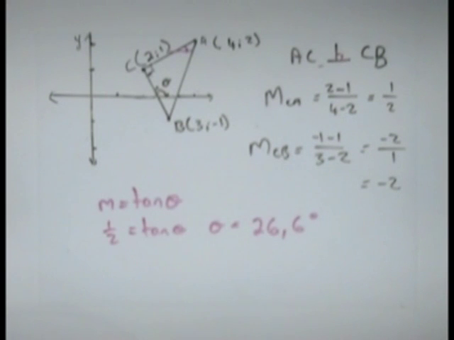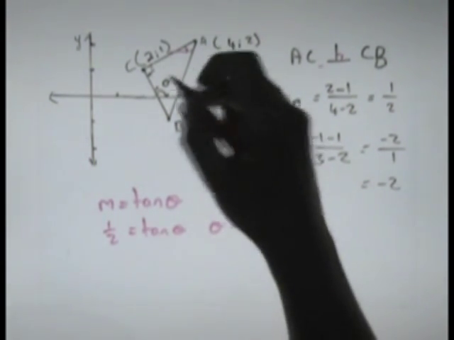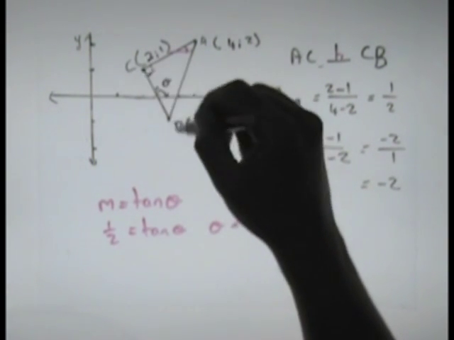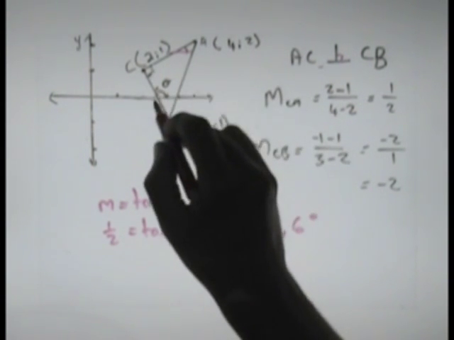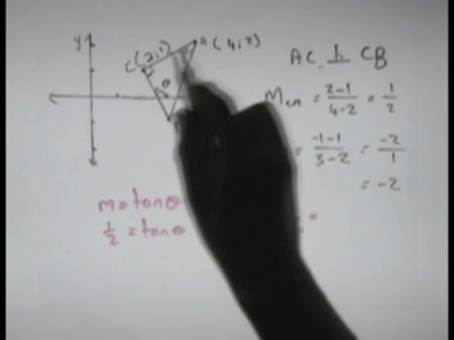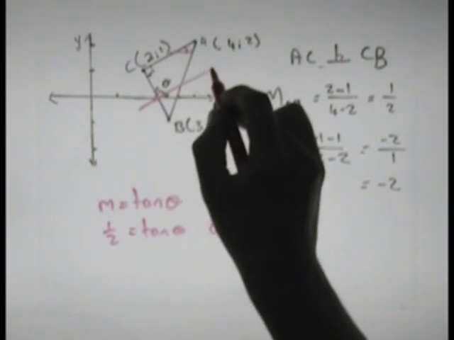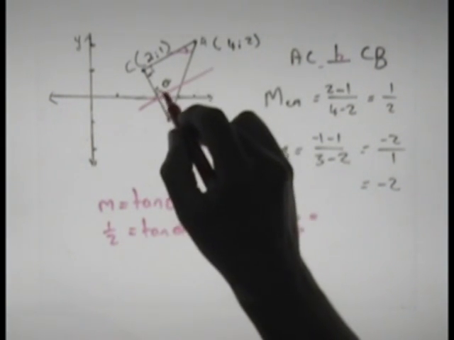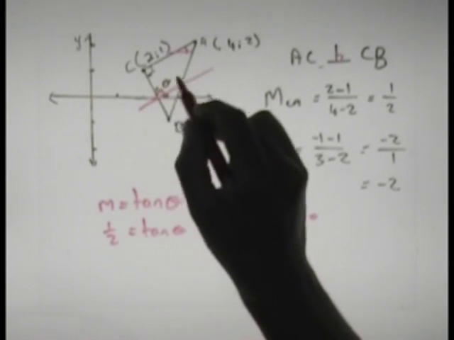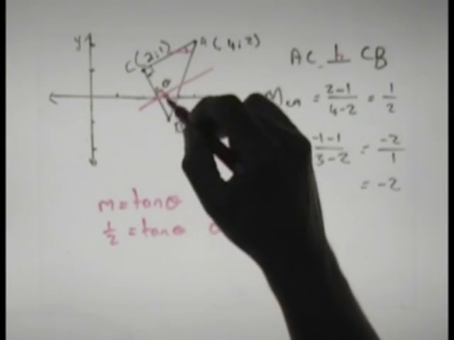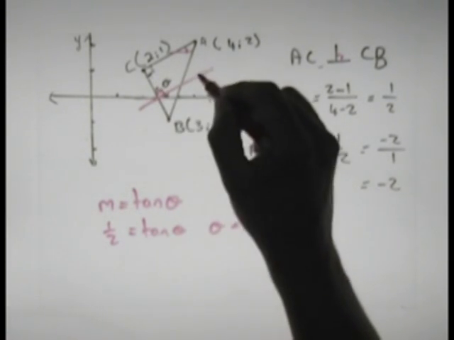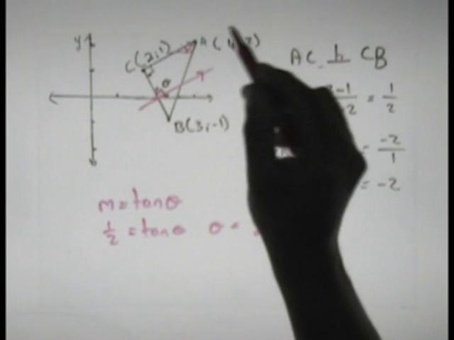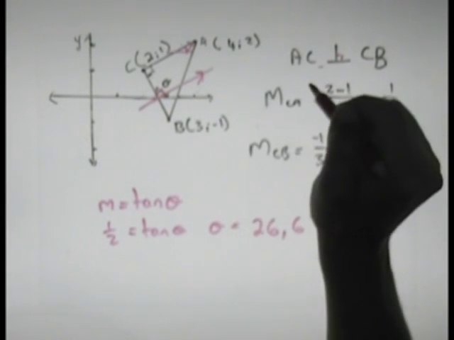But I asked for the angle of inclination of CB. Now think about this. If I draw a line parallel to CA over there, wouldn't that also be 90 degrees, or perpendicular, to CB, because it's parallel to AC or to CA?